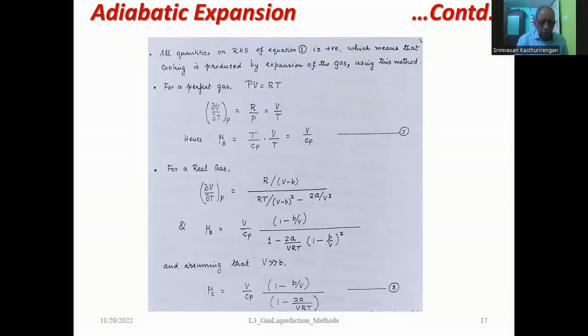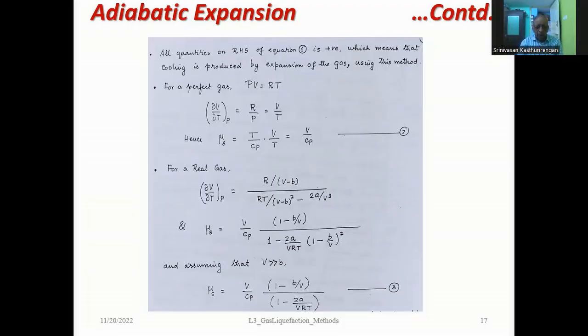Dou V by dou T at constant P is nothing but R by V minus B divided by V minus B whole square minus 2A by V cube. So, mu S can now be written as mu S is equal to V by Cp into 1 minus B by V divided by 1 minus 2A by VRT into 1 minus B by V whole square.